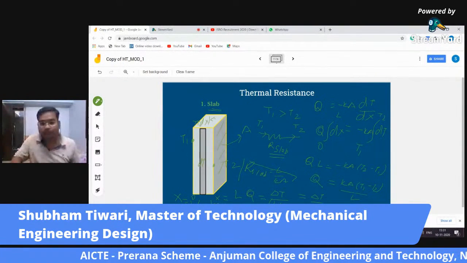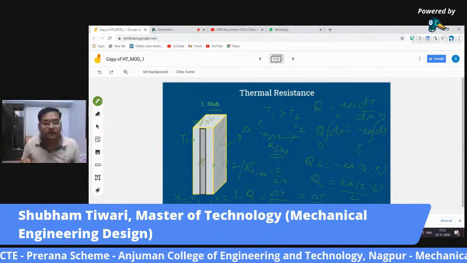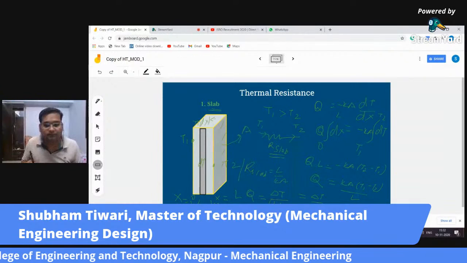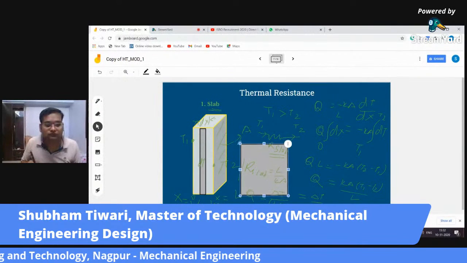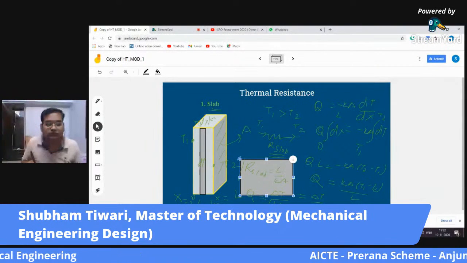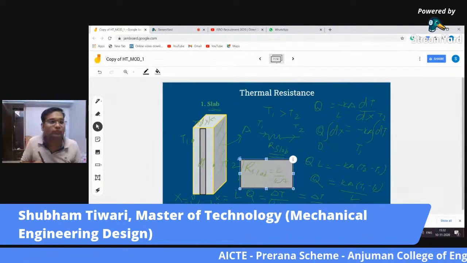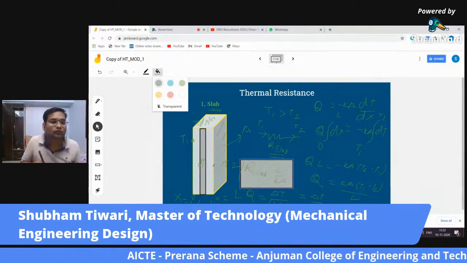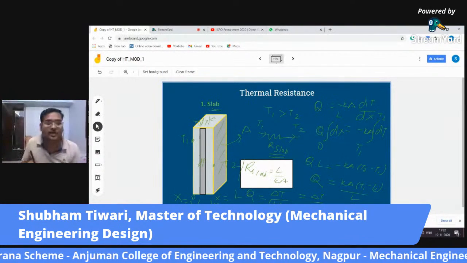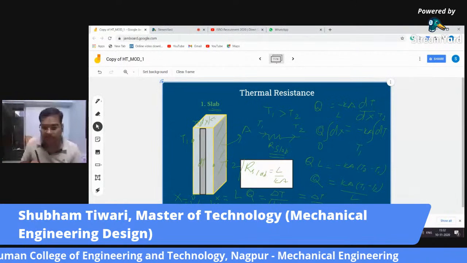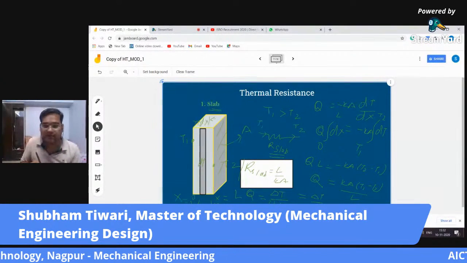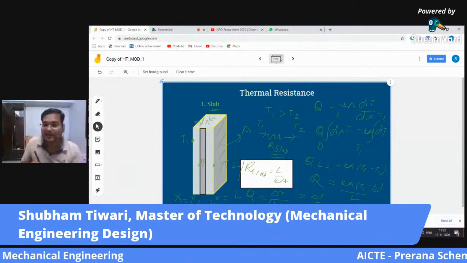Let me draw a rectangle here to highlight it. So R slab is L by KA. What is L? L is the thickness of the slab. K is the thermal conductivity of the material of which the slab was made.